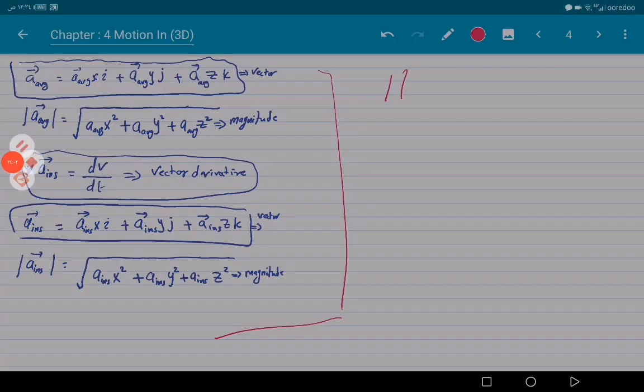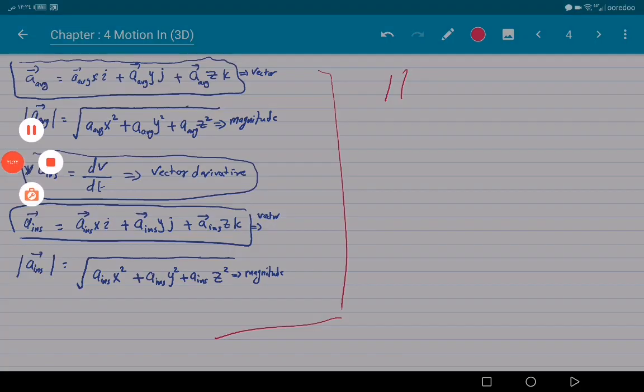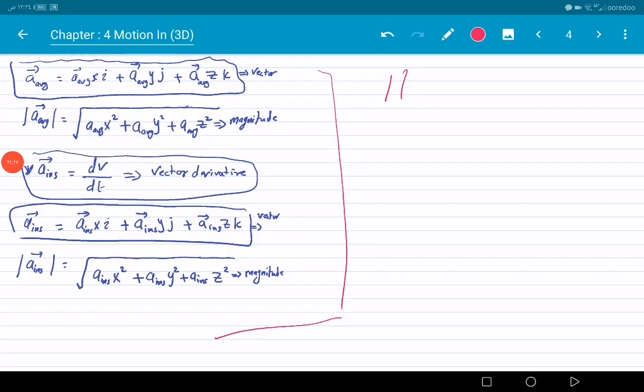We discussed the equations, how you can find the velocity, the acceleration and the displacement by using the kinematic equations in 3 dimensions. So that is the first part, and the second part I continue.